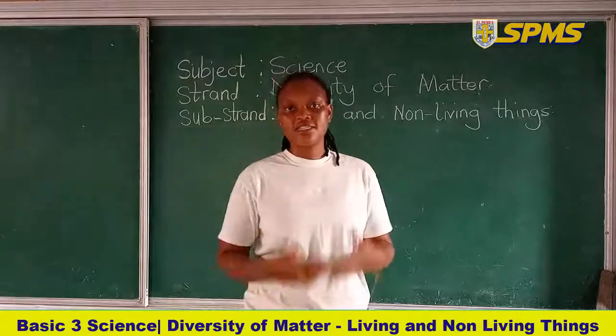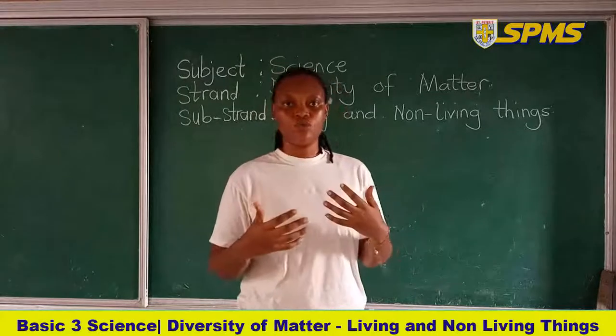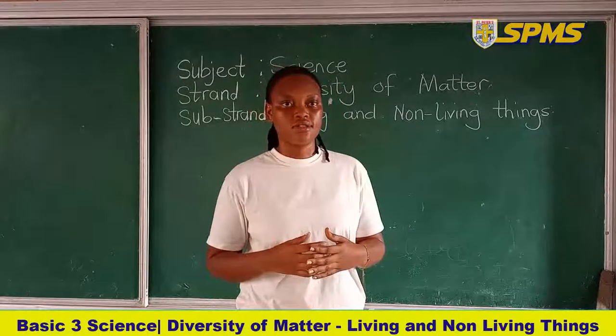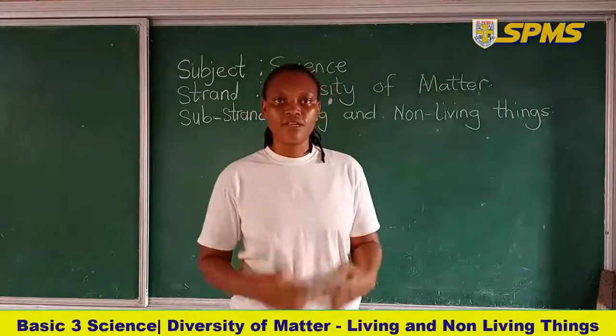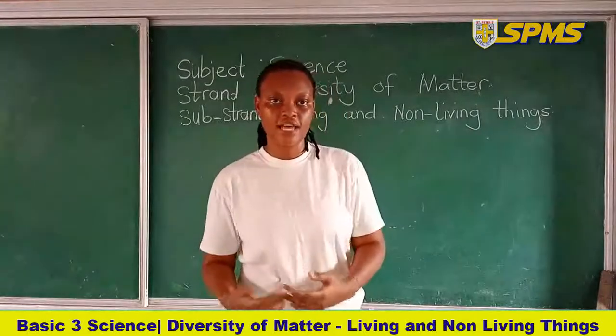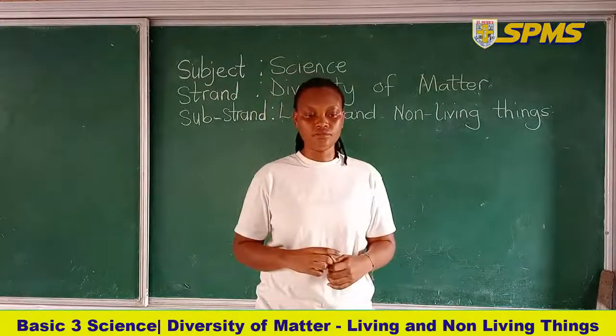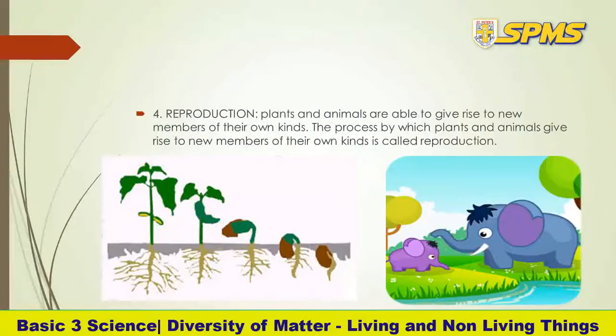A dog can't give birth to a parrot. It is never possible. A dog will give birth to a what? Another dog. So the process by which plants and animals give rise to new members of their own kind is called reproduction.